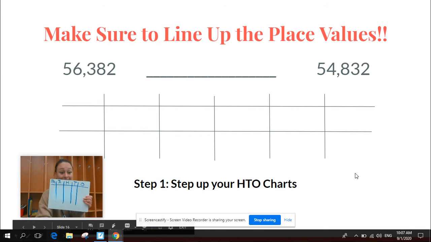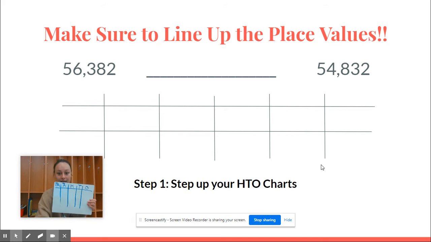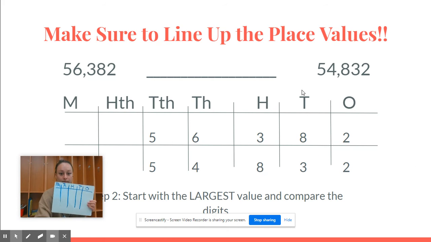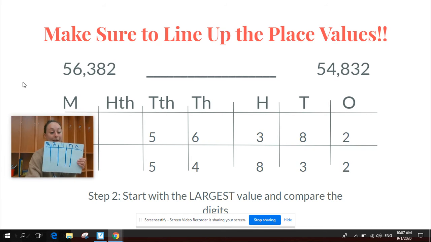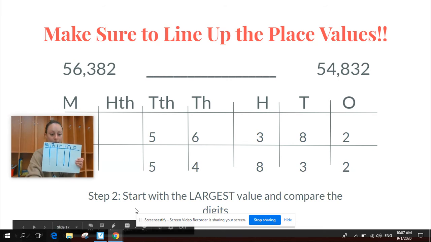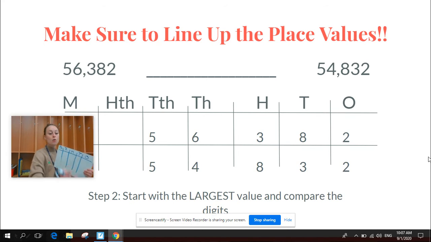Do we set it up correctly? Yes, just like this. Now, step 2. Now in Miss Mullen's example, I went all the way to 1,000,000. We're not going to have to do that. We'll only go up to right here, but I set it up that way anyway. Okay, now step 2, it says, start with the largest value and compare the digits. Well, before I do that, I want to make sure I put each of these in. 56,382.